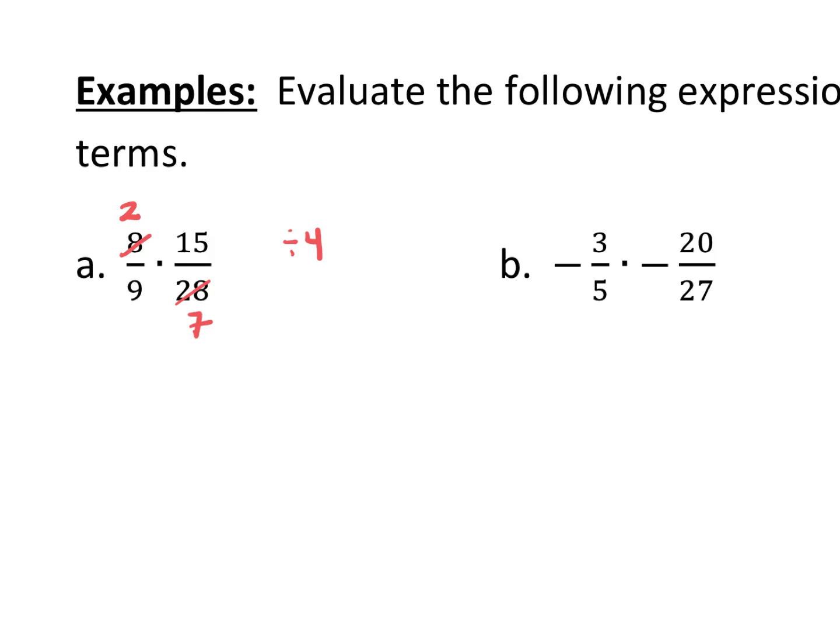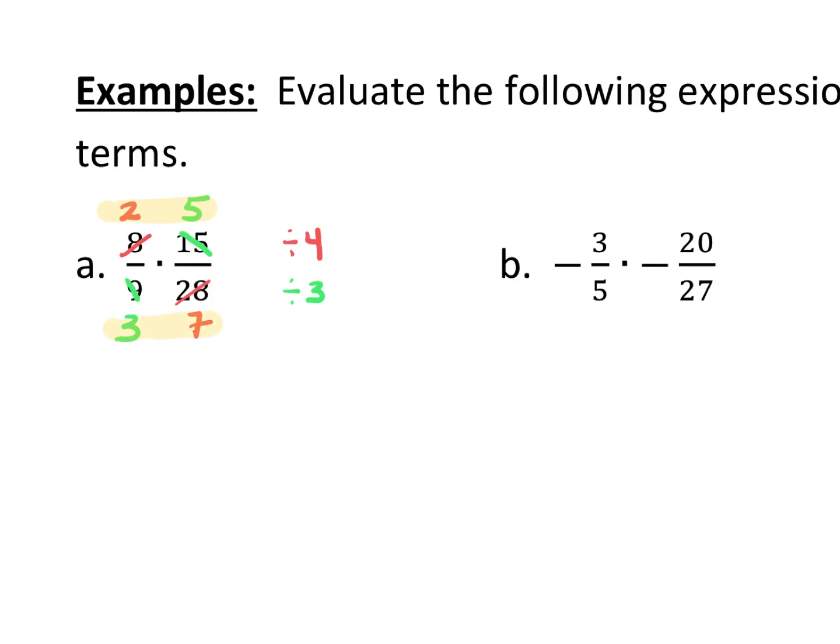All right, let's see what else we can do. 9 and 15 are both divisible by 3. And so if we divide by 3, 9 divided by 3 is 3, and 15 divided by 3 is 5. We can now go ahead and multiply these new numbers straight across.